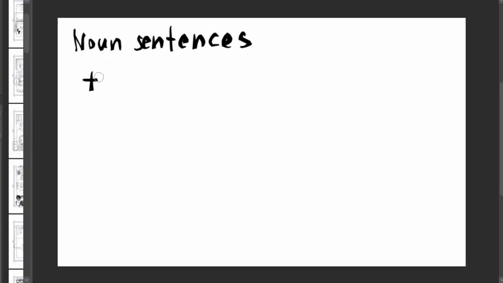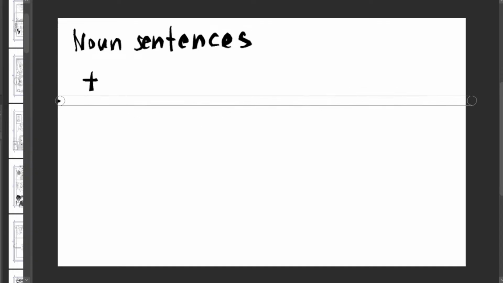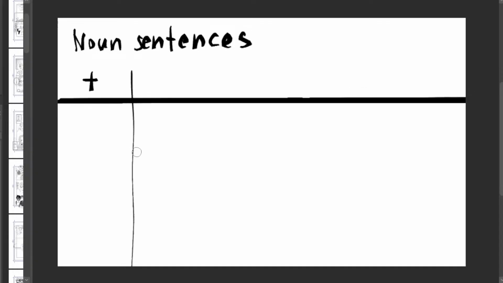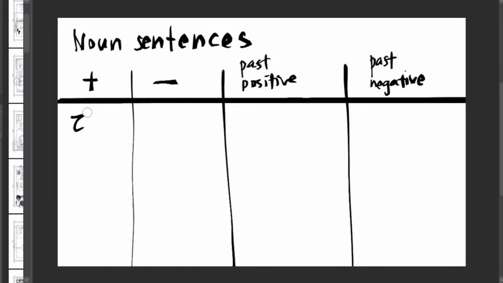So we have positive, negative sentences, and then we have past positive, and then we'll have past negative. So for noun sentences, they will end with des.